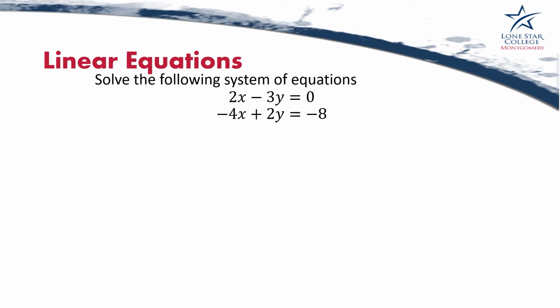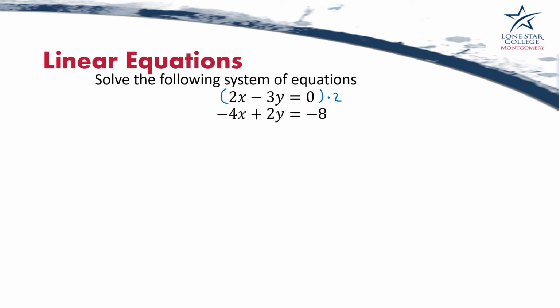But we can't add them as they are now because nothing cancels out. But if you look at the x's, 2x and negative 4x, we can multiply the first equation by 2. When we do that, 2x times 2 gets us 4x, and adding negative 4x gets you 0.